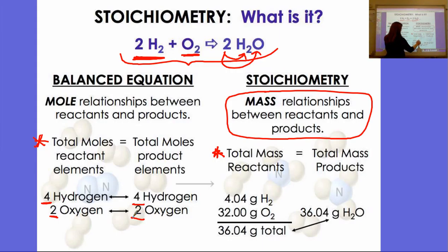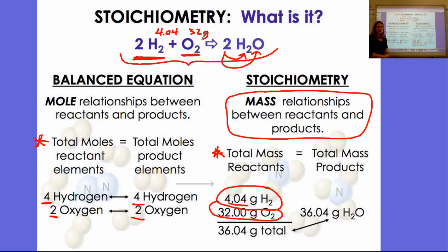Same thing is true for the mass. If I have 4 hydrogens, my total reactants is 4 grams here, 4.04 with significant figures. If I have 2 oxygens, my total mass is 16 times 2, or 32 grams. 4.04 plus 32 gives me 36.04 grams total on the reactant side.